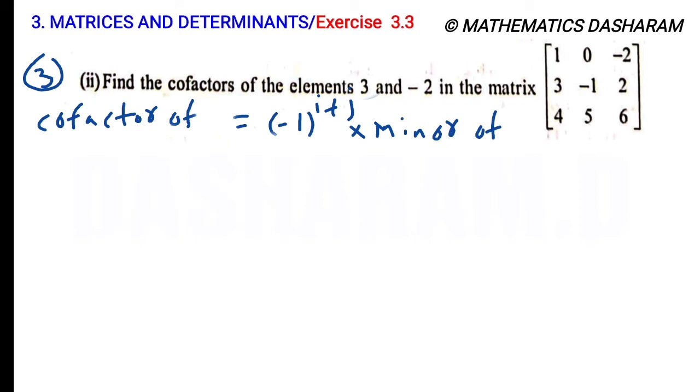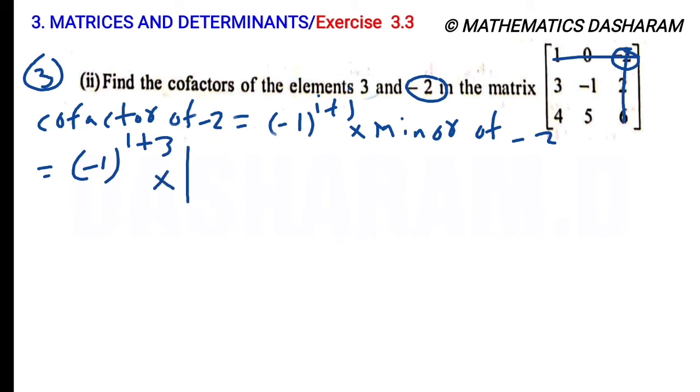So next, cofactor of minus 2. Here minus 2 equals minus 1 whole to the power of i plus j into minor of minus 2. Here is the minus 2, it is in the first row and third column, into the determinant of 3, minus 1, 4, 5.